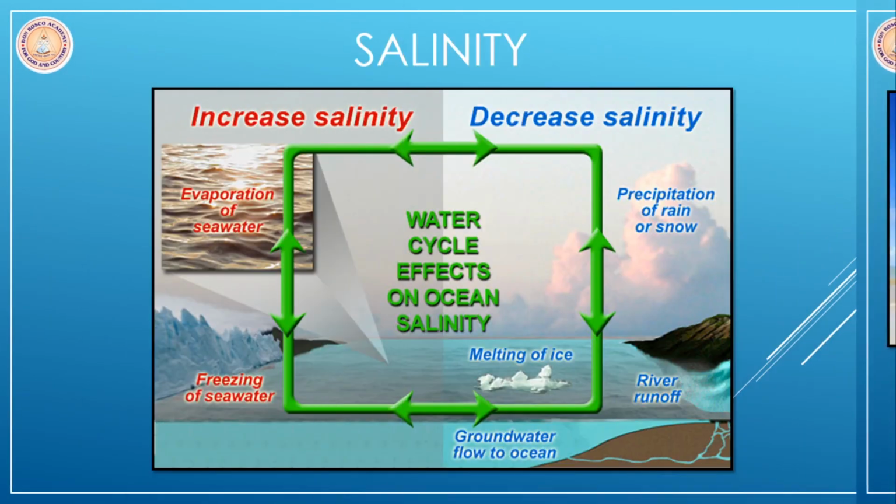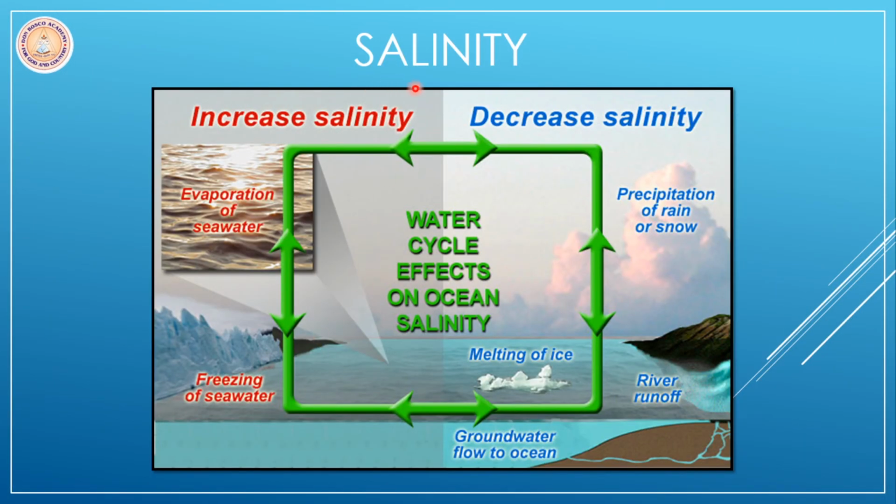As far as the salinity of the oceans is concerned, we find that on an average, the salinity of the ocean is about 35 grams per 1000 grams of water. However, this salinity keeps on changing or differs from place to place.